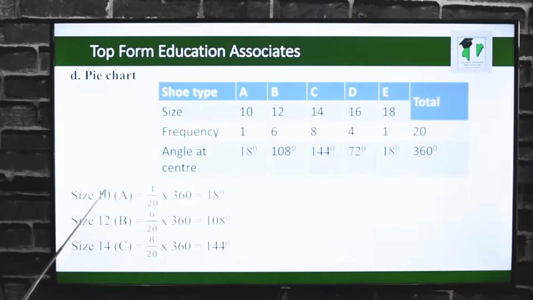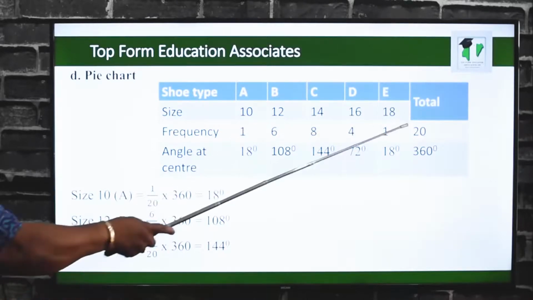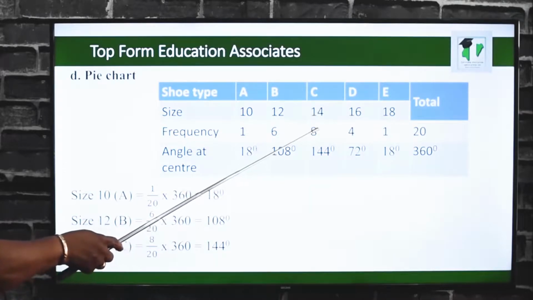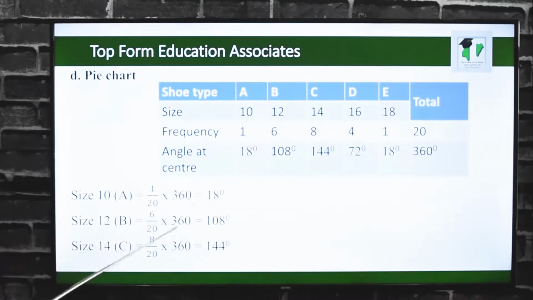So for size 10, which is type A, it is 1 over 20, 1 frequency and 20 total, times 360 over 1, which is 18. Size 12 is 6 over 20 times 360, giving us 108. Size 14 is 8. Frequency of size 14 is 8 over 20 times 360.